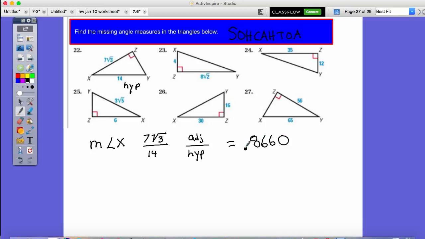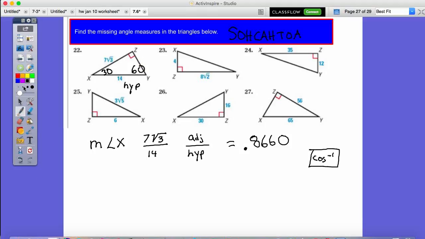I'm going to leave that in my calculator. And since this is the cosine, adjacent over hypotenuse, I'm going to hit the second button and the inverse cosine, which is cosine -1. And I get 30 for angle X. Now, since this has to add up to 180, 30 plus angle Y has to equal 90, so I know that Y is 60.